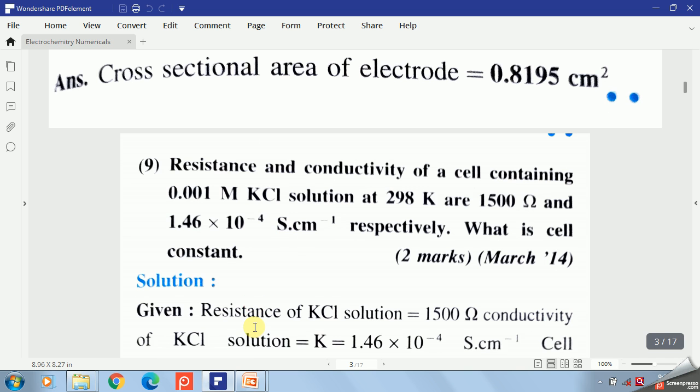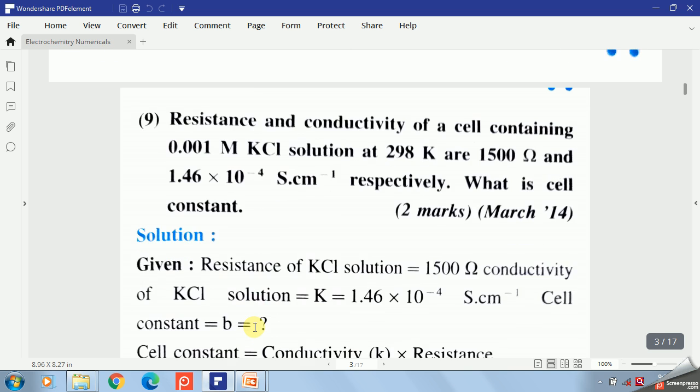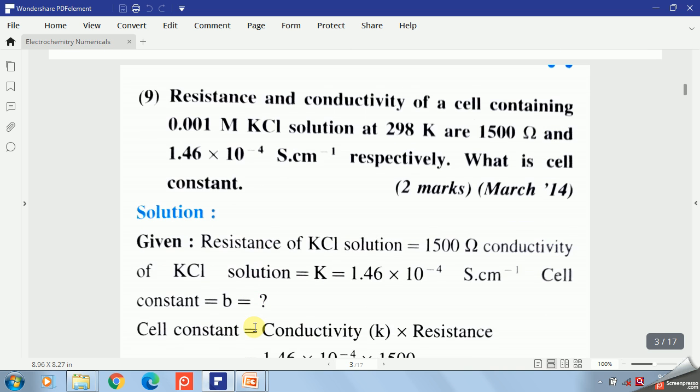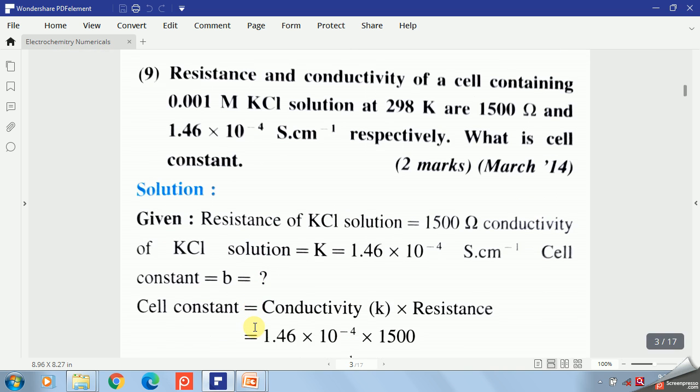So conductivity K is equal to 1 upon R into L by A, that is nothing but B. So cell constant L by A is equal to conductivity into resistance. So 1.46 into 10 raised to minus 4 into 1500.